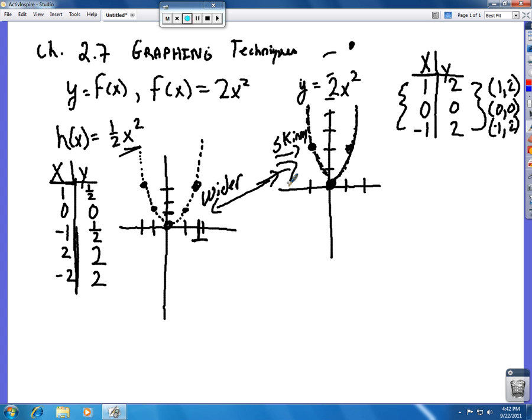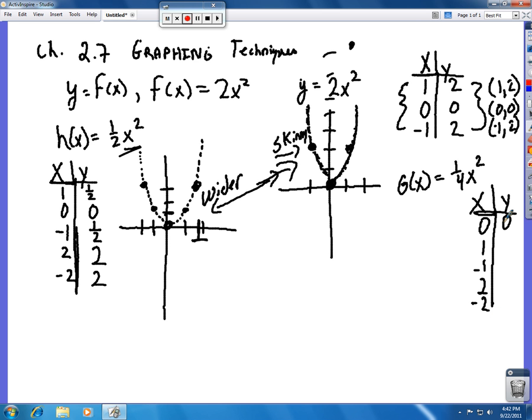Also, let's do one more example. We had g of x is equal to 1/4 x squared. Do it again, just do your xy chart. Let's plug in the same numbers. I always do these, 0, 1, -1. Just stick with a 2 and a -2 again.